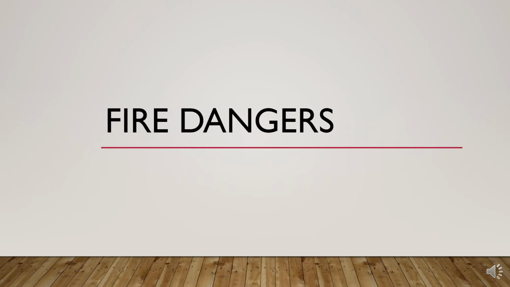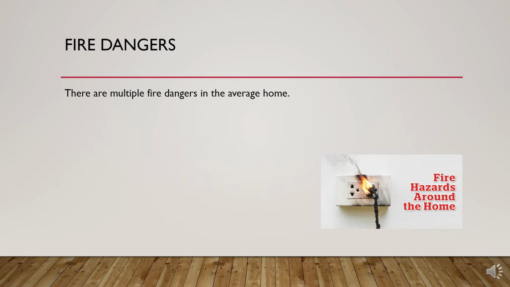So, fire dangers. This is going to be the final hazard that we'll discuss, and let's jump into fire hazards. There are multiple fire dangers in an average home. There's electrical fires, along with gas leaks or other flammable substances that can ignite.